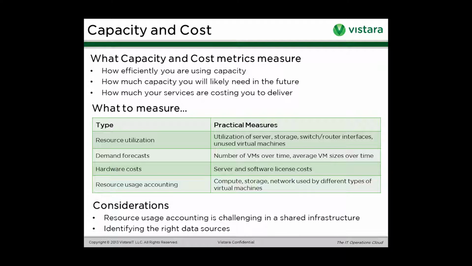And then hardware costs will help you get a basis for your costs, and the thing that you need to do beyond that is to do some accounting on how your different services are using resources. So you need to know, for example, if you're offering large virtual machines or large instances versus small instances, you need to have a sense of who's using how much, or how these different types of resources are using up your infrastructure. So that's the capacity and cost side of the equation.